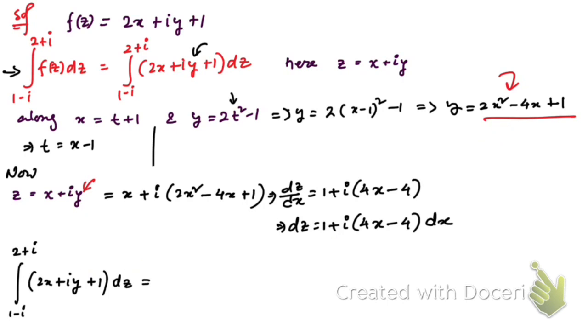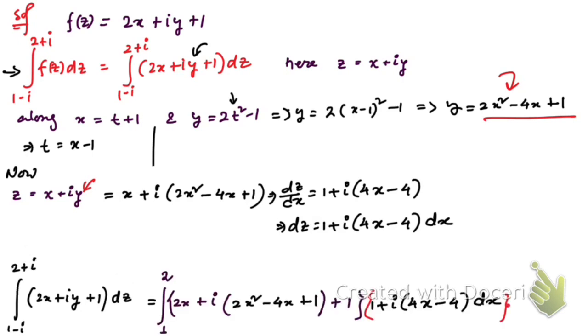Then we're going to have, let me write this one. So this is what we have got. What we have done, we have replaced this y by this expression and we have replaced this dz by this expression. So this y is replaced by this value, right? And so we have got this.